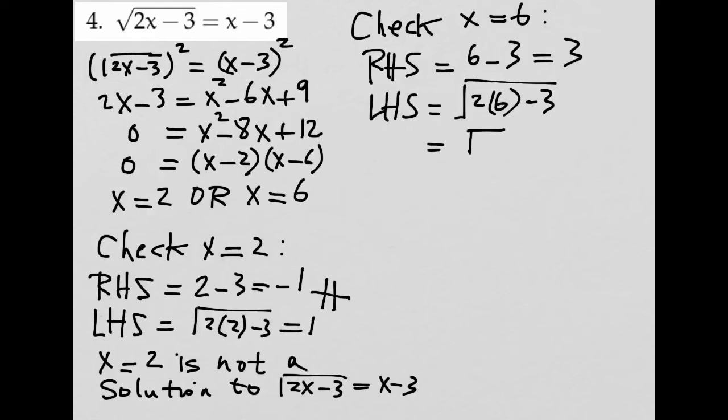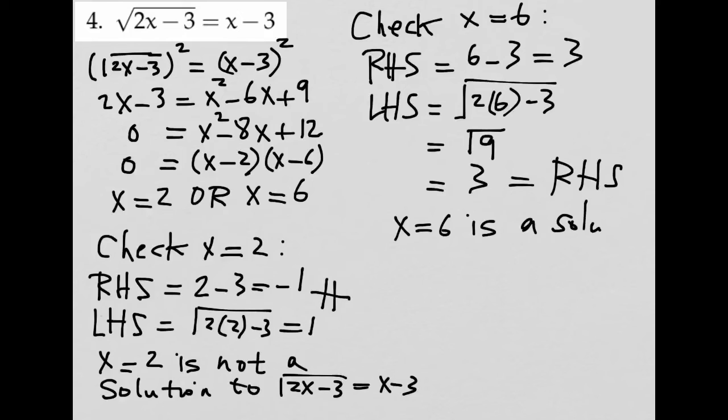That's square root of 9, which is equal to 3, and that's equal to the right-hand side. So, x equals 6 is a solution to our original equation, square root of 2x minus 3 equals x minus 3. And we find that x equals 6 is the only solution.